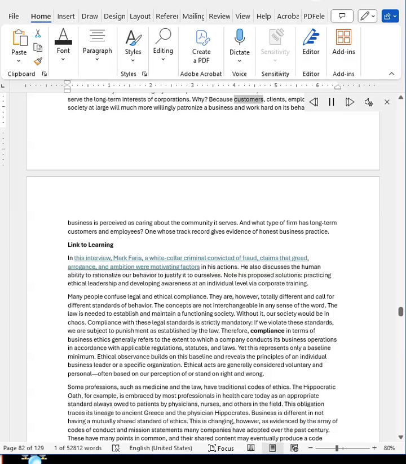Why? Because customers, clients, employees, and society at large will much more willingly patronize a business and work hard on its behalf if that business is perceived as caring about the community it serves. And what type of firm has long-term customers and employees? One whose track record gives evidence of honest business practice.